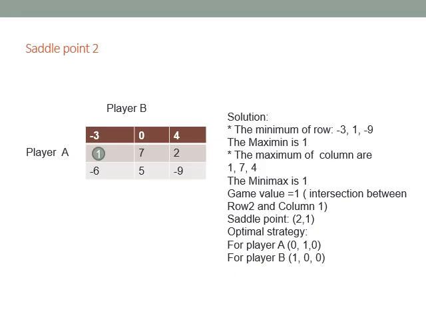So player A is going to choose strategy number 2, where the place is row 2.